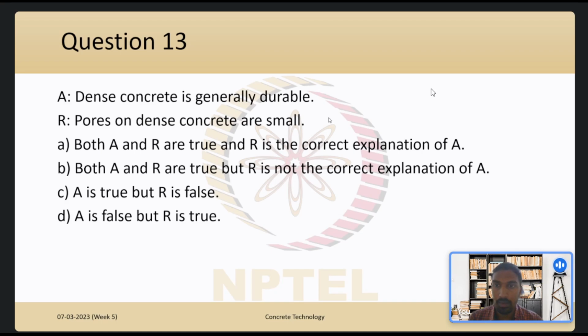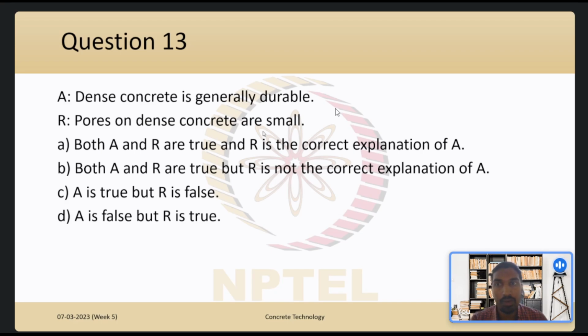But then when both statements are true, we have to pick one between the options. That is whether R is a correct explanation of A or not, right? R is a correct explanation of A as well. When you have a lesser amount of pores, your permeability will be smaller. I already told this: when you have higher porosity, your permeability will also be more, porosity and permeability are related.